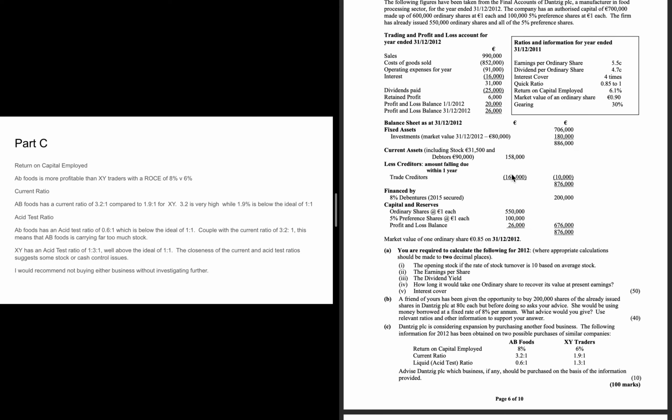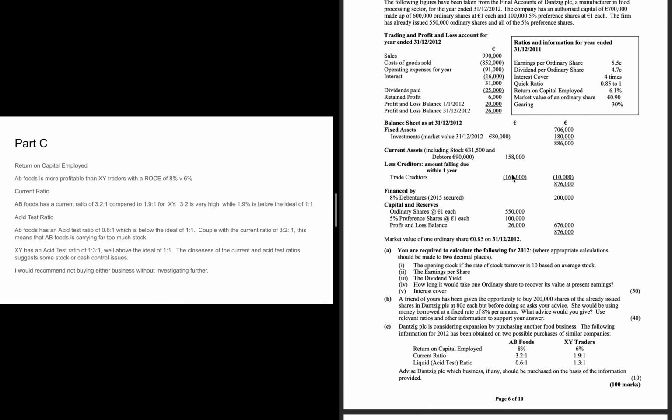So they're carrying far too much stock, and if you've got money tied up in stock, that's not a good place to be in. So I said there, it's 0.6 to 1, below the ideal of 1 to 1. Couple that with the current ratio of 3.2 to 1. That tells us they've way too much stock. So they probably have more than half of their current assets in stock.